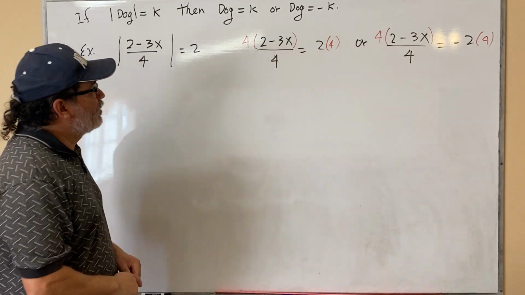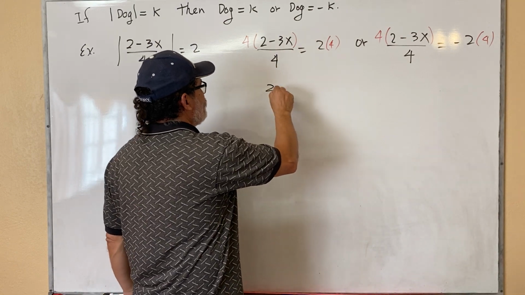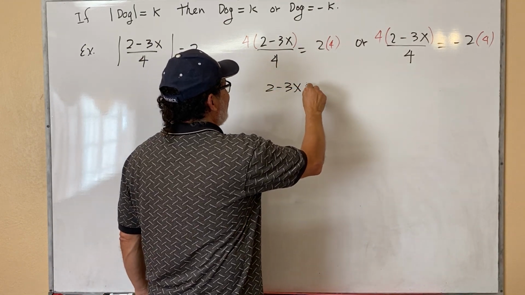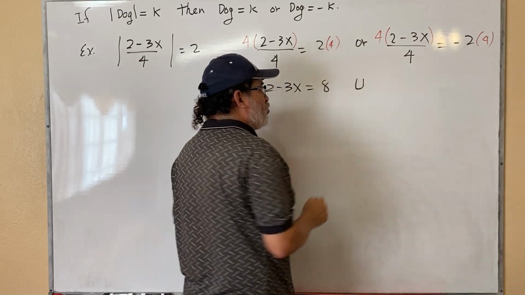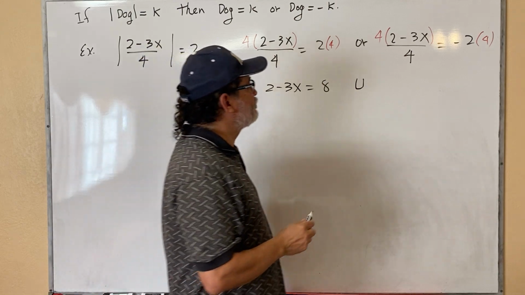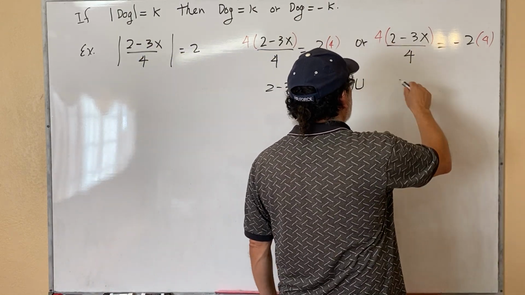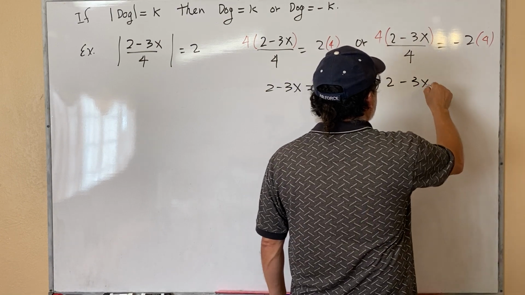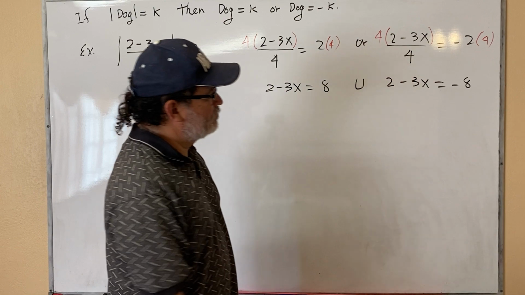Okay, the 4's cancel, and so what do we get? 2 minus 3x equals 8. Or, let me use or, okay? This is the union. Or, what about this? 4's cancel. 2 minus 3x equals negative 8.